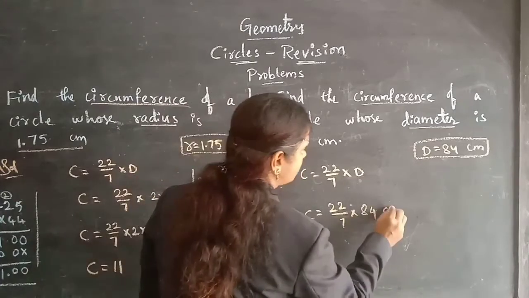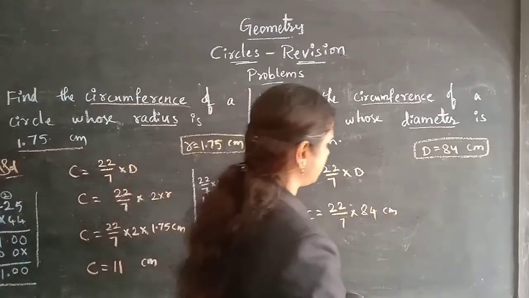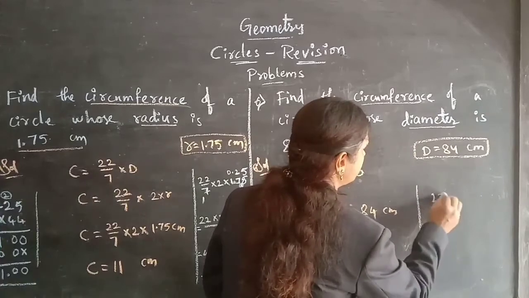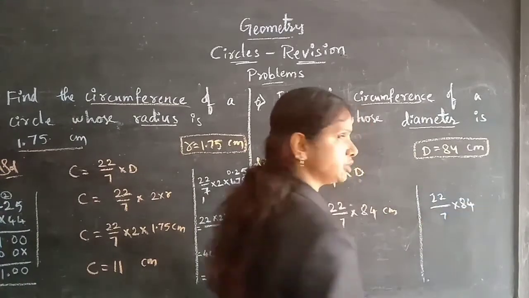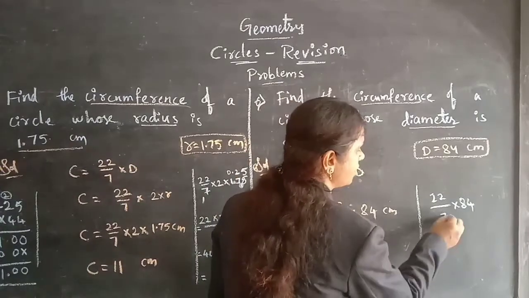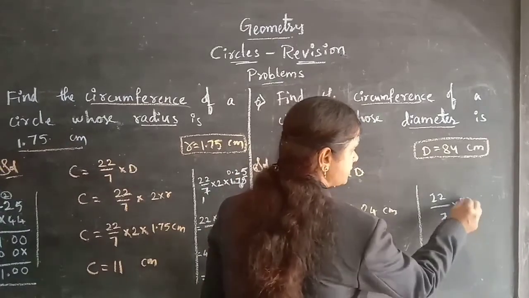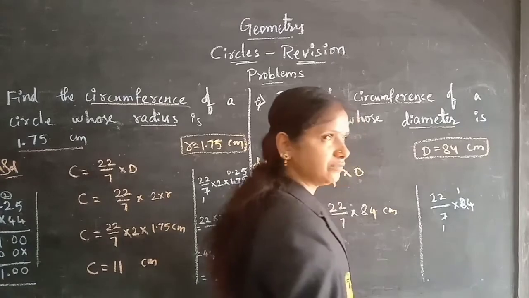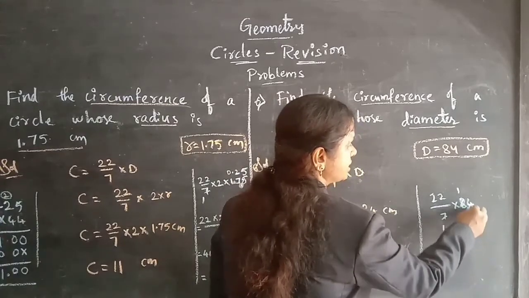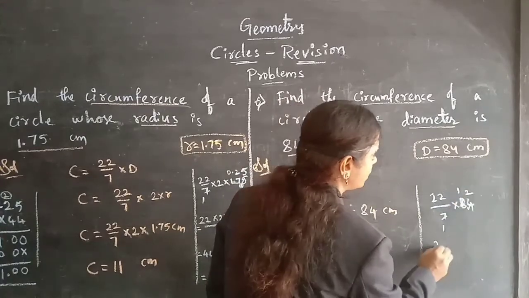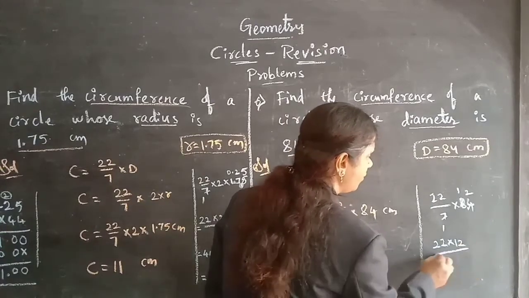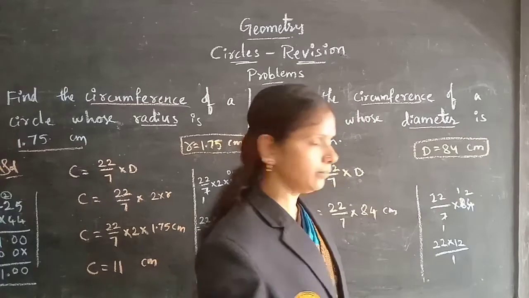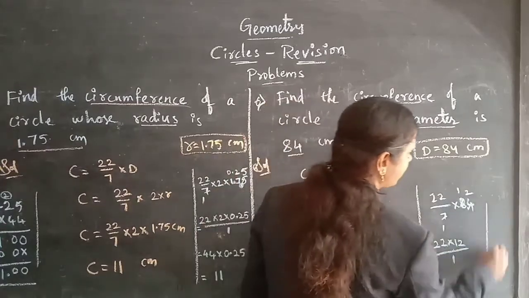We will calculate in the rough column here: 22 by 7 into 84, children. We can cancel with the 7. 7 ones are 7. One number is left here, so it will be 14. 7 twos are 14. Now what are the left numbers in the numerator? 22 into 12. The denominator leftover term is 1. So 22 into 12 we are multiplying here.